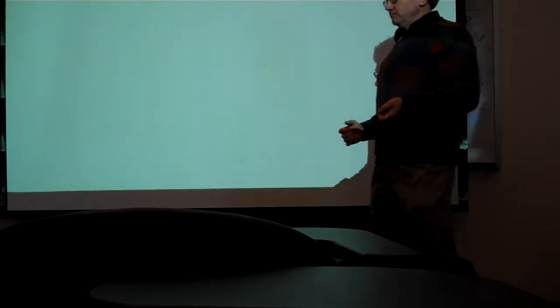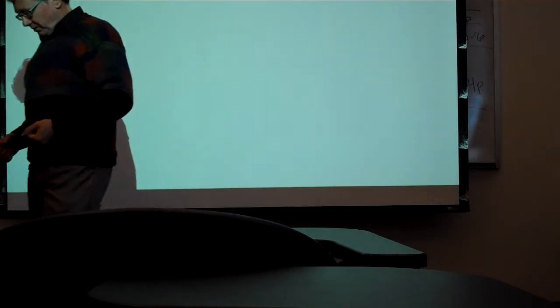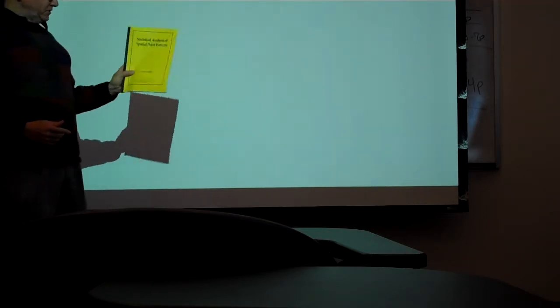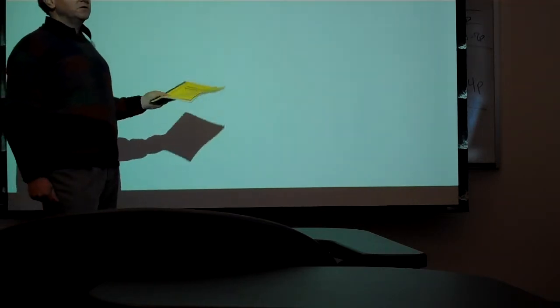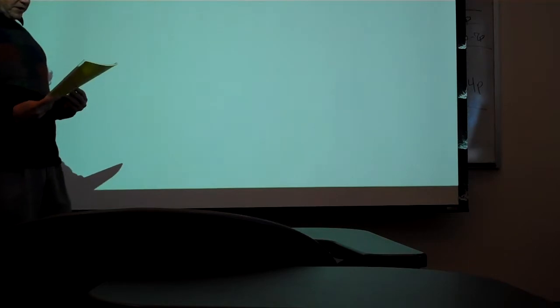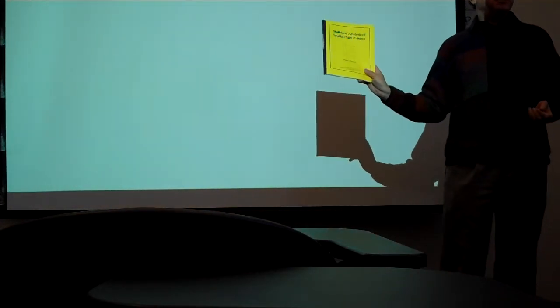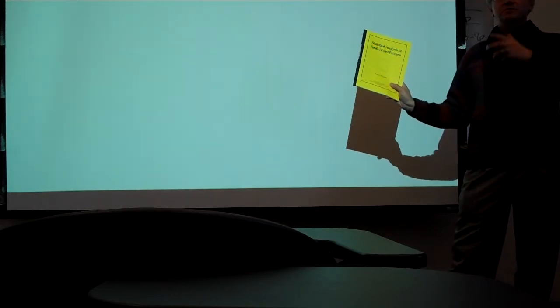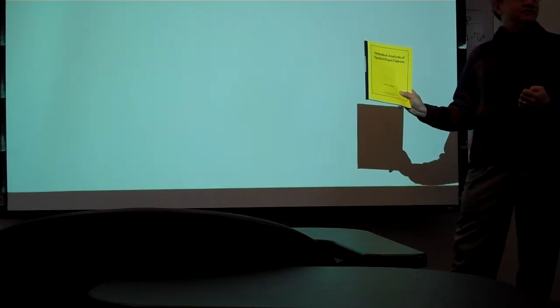One of the classic books on this is out of print. It's by a statistician named Diggle, who has other more recent publications, but this is a 1983 book, Statistical Analysis of Spatial Point Processes, and it pulls together a lot of the theory.